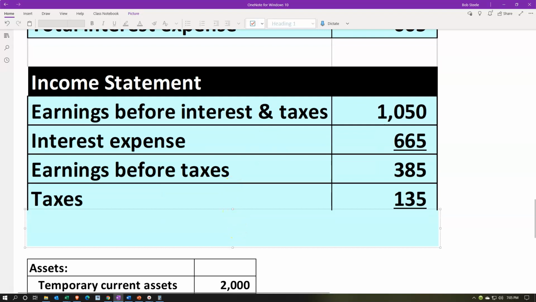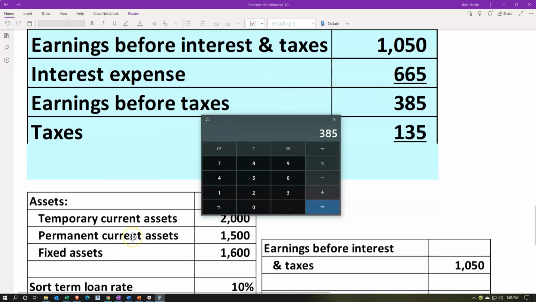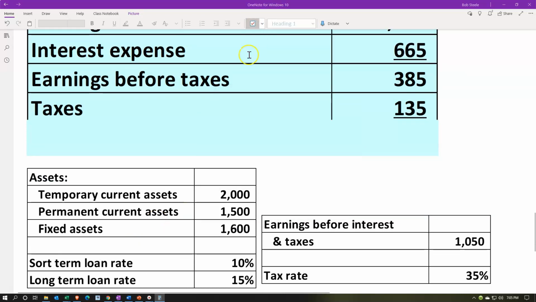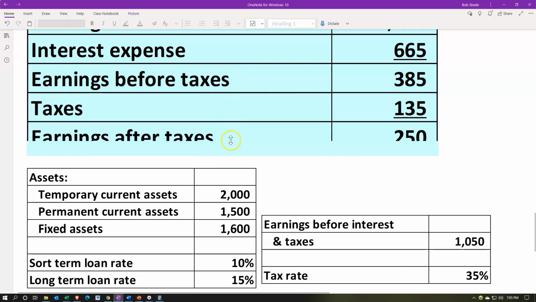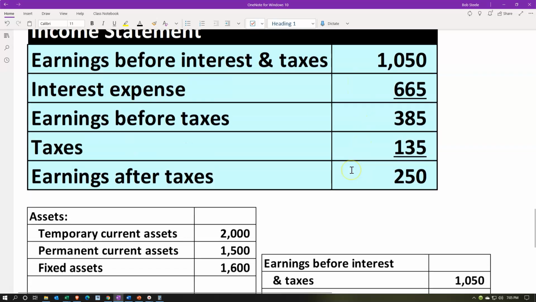Then we pick up the taxes at 135, calculated as the 385 times the tax rate, which was 35%, or 0.35. That gives us about 135. Subtracting the 135 from the 385, we get 250.